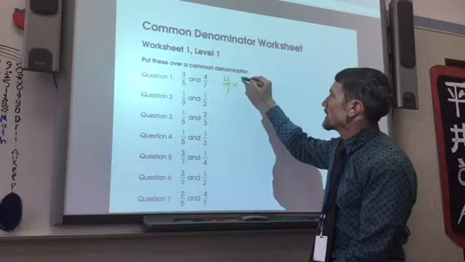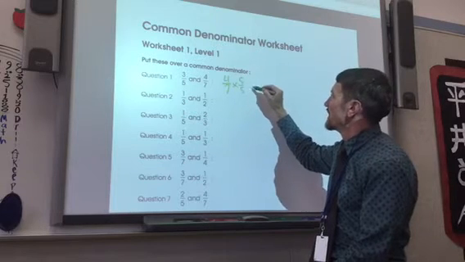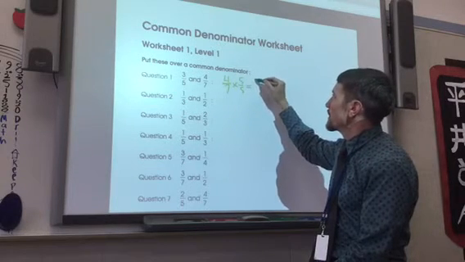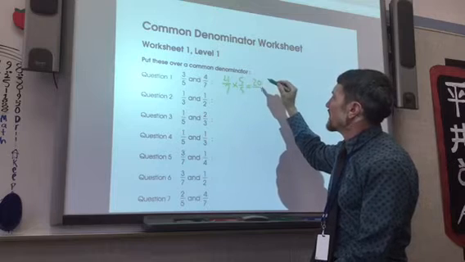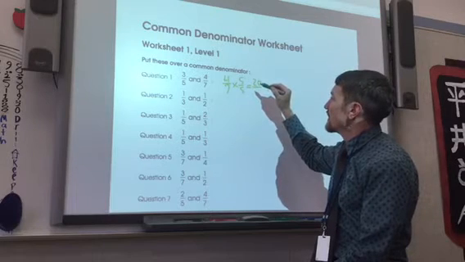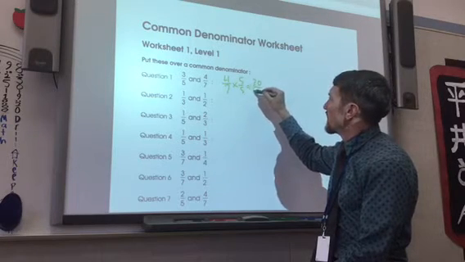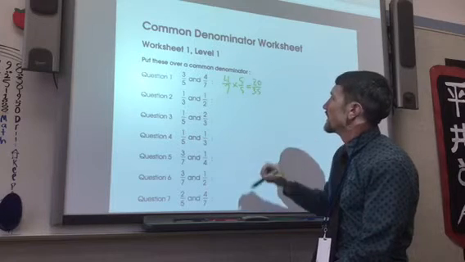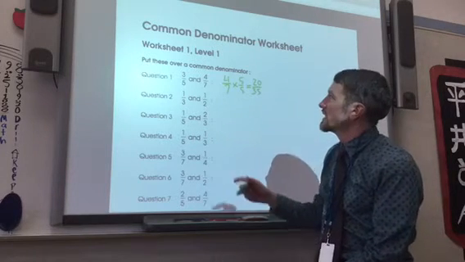4/7 times 5 over 5 equals, 5 times 4 is 20, 5 times 7 is 35. So 20/35.